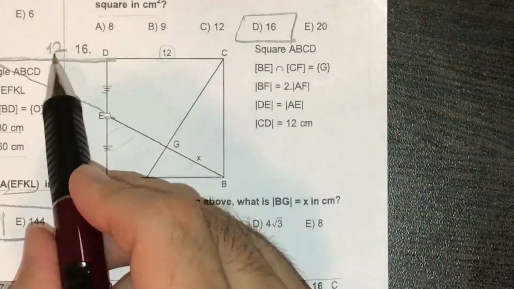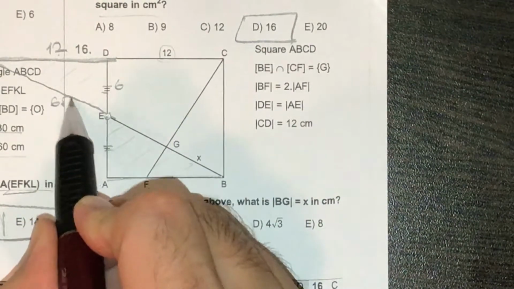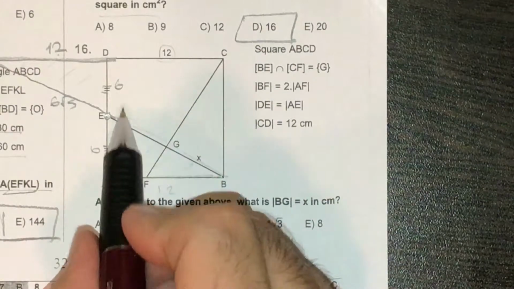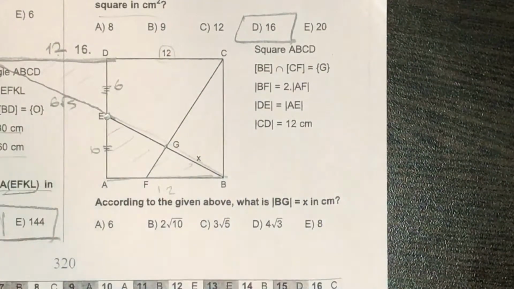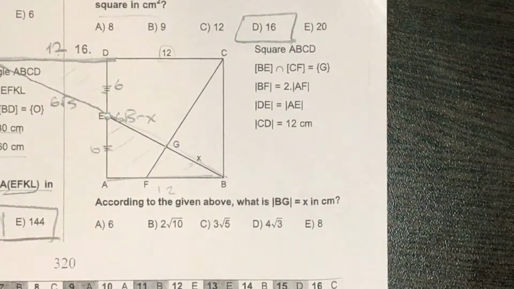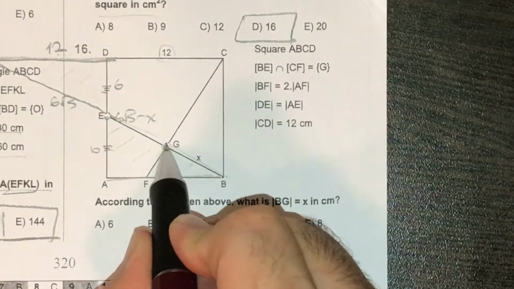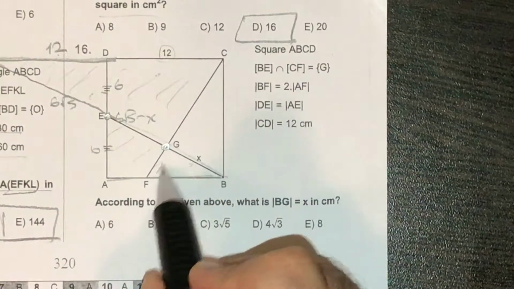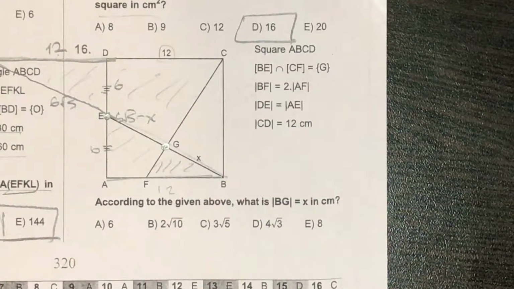So therefore, this must be 12 as well. So 12, 6, 6 root 5, 6, 12, again 6 root 5. So therefore, line segment AG must be 6 root 5, must be minus x.